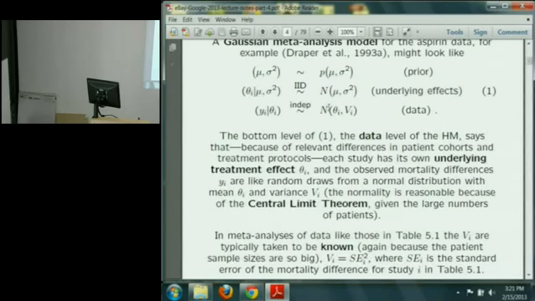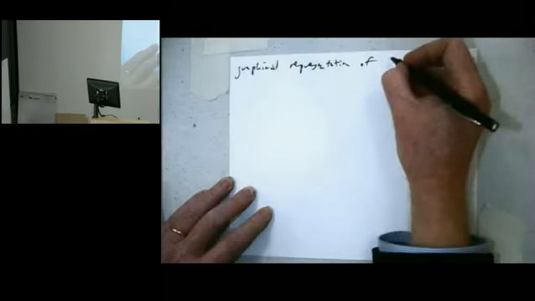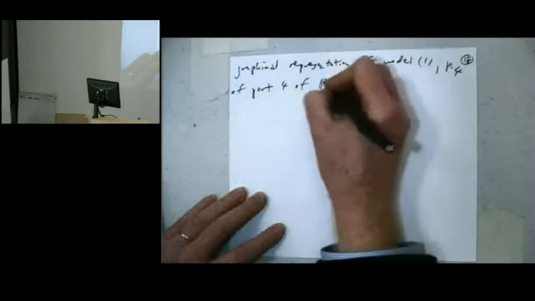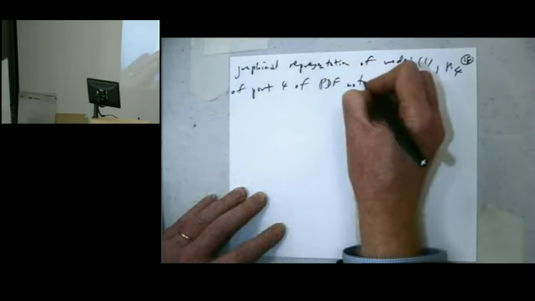So first we have to have a graphical representation of model 1, page 4 of part 4 of the PDF notes.